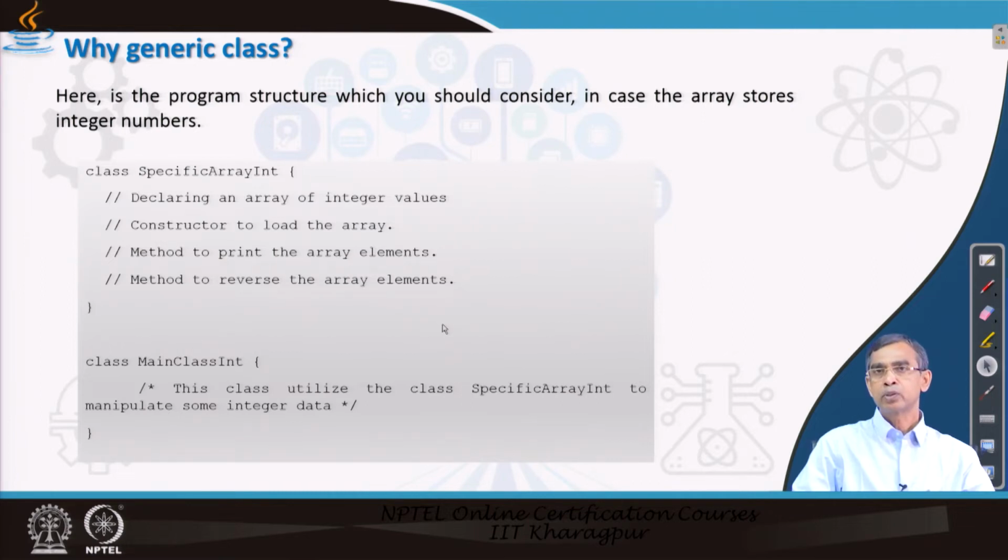Then we should have a declaration of the array of elements, a constructor to load the array, that means initializing the array, a method to print the array, and another method to reverse the array. Finally this program can be run using a driver class, that is the main class, where the objects of this type will be declared and used, or all the methods in this class will be accessed. So, this is the case.